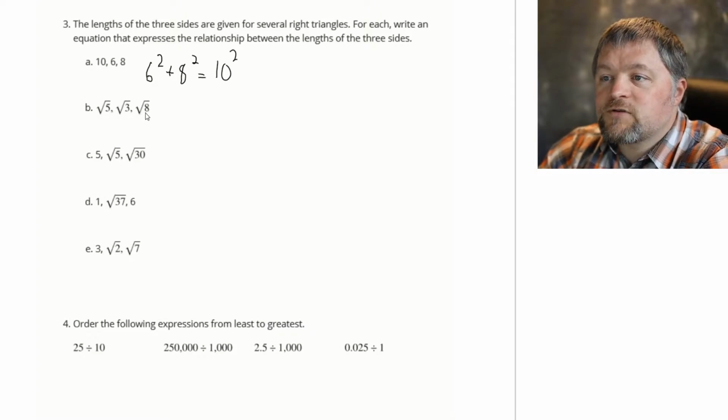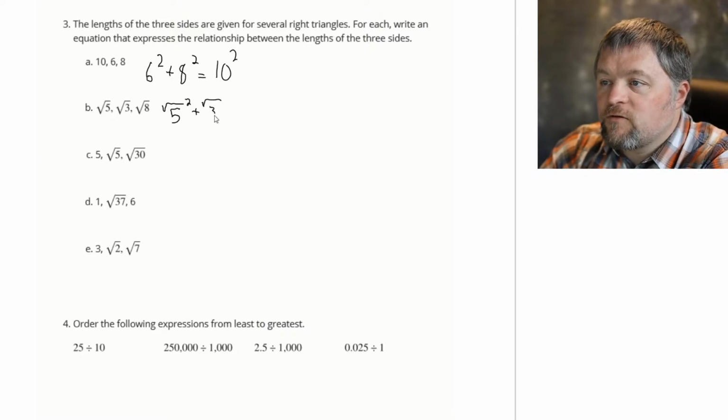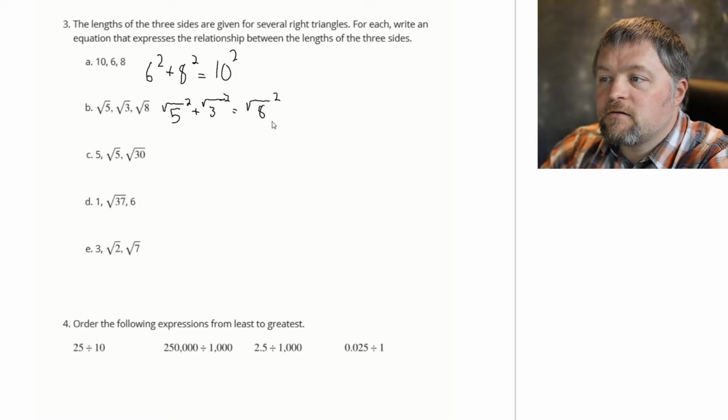Square root of 5, square root of 3, square root of 8. Which is our longest side? It's this one. The square root of 5 squared plus the square root of 3 squared equals the square root of 8 squared.